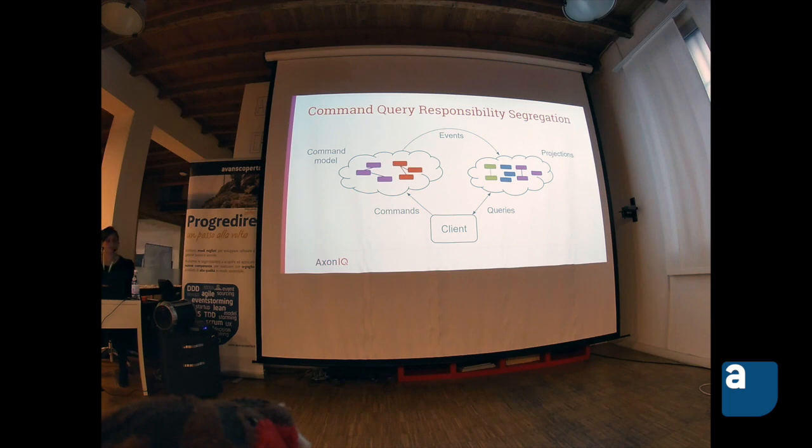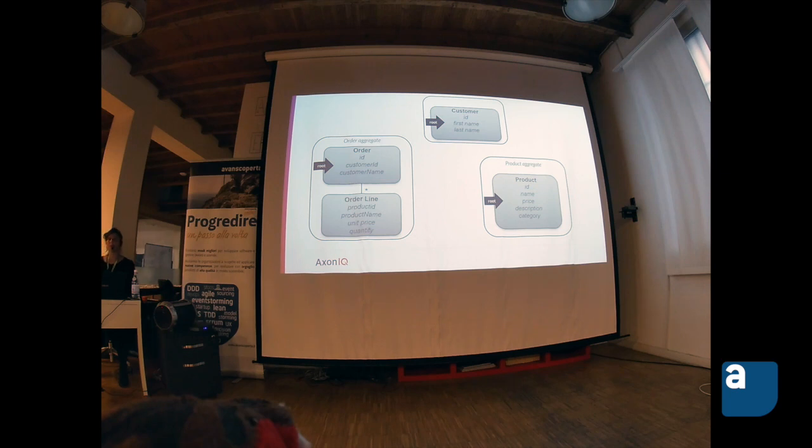Just to make an example, if we think of a model of an e-commerce application, we can have the order entity, the customer entity, and the product entity. In a traditional domain model, maybe these entities are directly related with foreign keys. For example, the order is related to the product and to the customer. If we think in aggregates, this is no longer true.